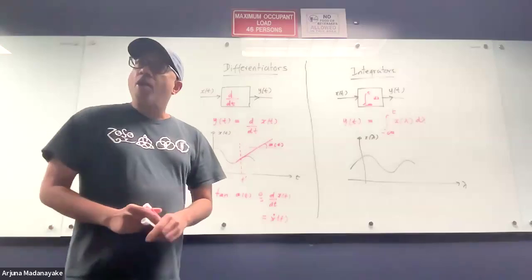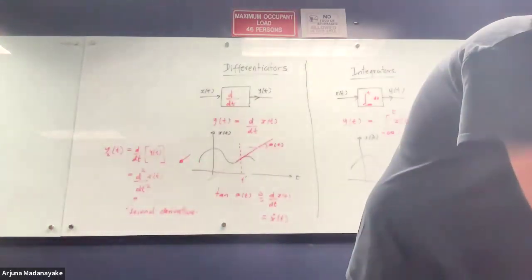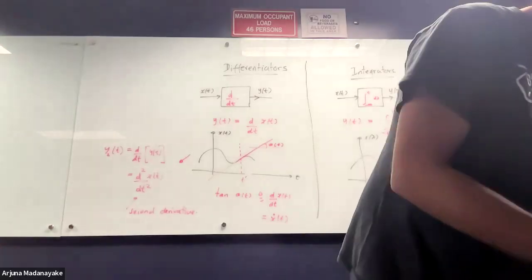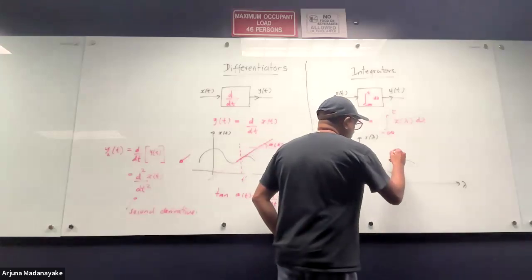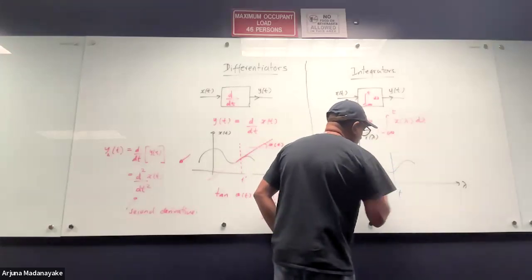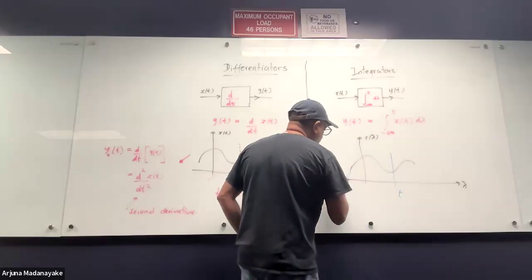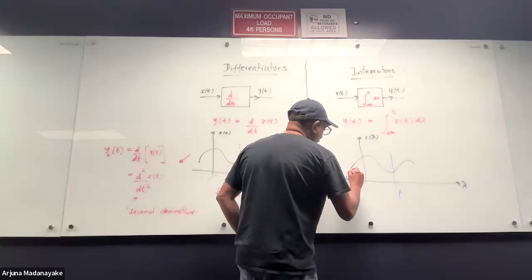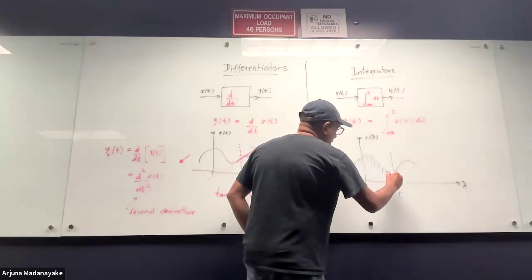The reverse is happening for integration. In integration, we are not looking at the slope, but we are looking at the area under the curve, right? This is basic calculus. So let's say we take a time t. Let's say this is at negative infinity. So we have the total area that's occupied by this curve.